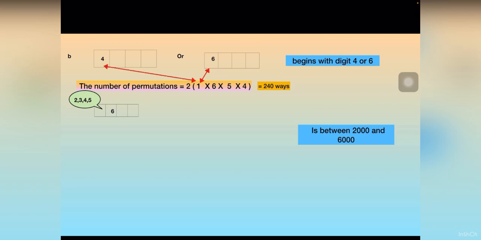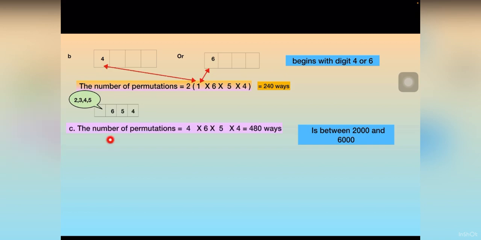We have 4 choices for the first, and for the second one we have 6, because 0 is not included just now, it is put into the next list. We have 6, and then after that 5 and 4.